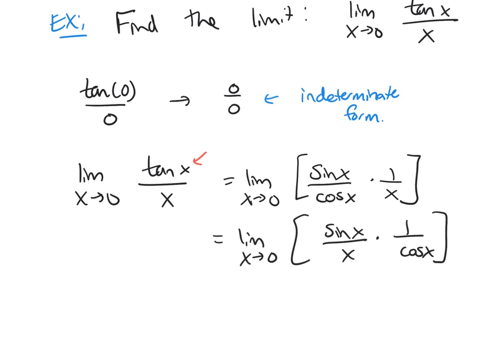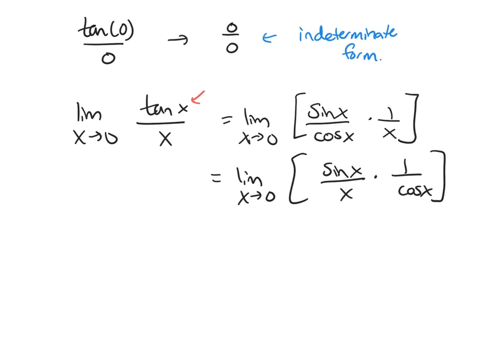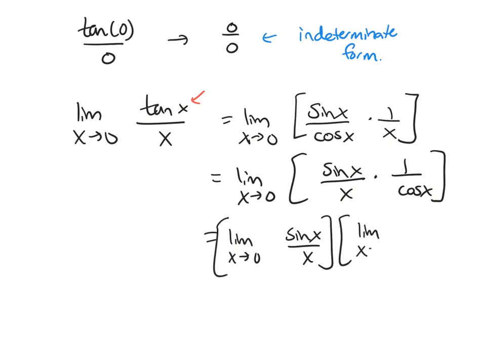And now I can split this limit up into two pieces: the limit of sine of x over x times the limit of 1 over cosine x.